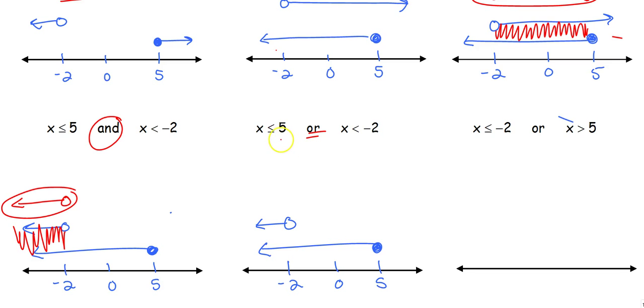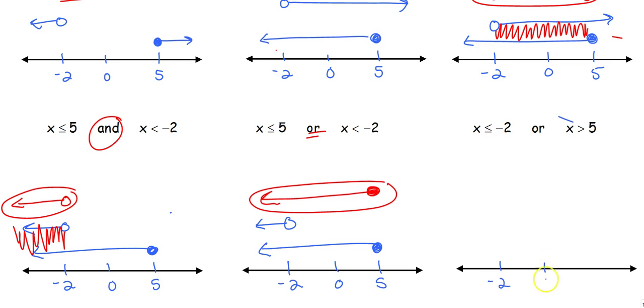So when I look at this, all of these numbers have been included within this first one. So the numbers that I have combined together from all sets is the big line. So when you have these that are going in the same direction, if it's an and, if you're looking for the intersection, it's just the smaller of the two pieces. If it's an or, when you're combining, you're picking the bigger of the two lines. All right, one more graph and then we're going to go ahead and start solving.